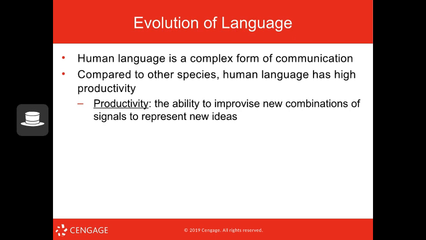Our language compared to other species has a lot of what's called productivity. So we're able to improvise new combinations of signals to represent new ideas, right? If you think about slang terms, back in the day, if something was lit, it was literally on fire.